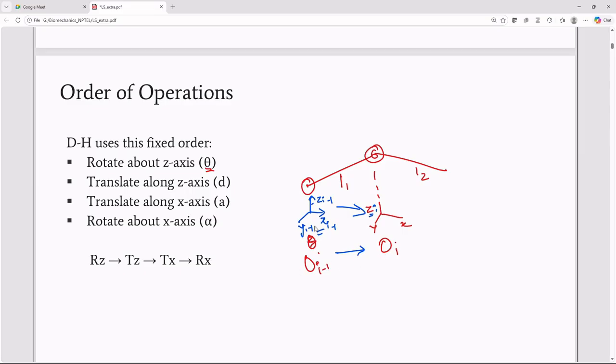If Oi minus 1 is the origin of this particular coordinate system and Oi is the origin of this coordinate system, then we will be pushing this Oi minus 1 to Oi. So what is the distance to be moved? That will be D. And then, if it is above or below, we have to translate along x-axis. First we moved along z-axis.